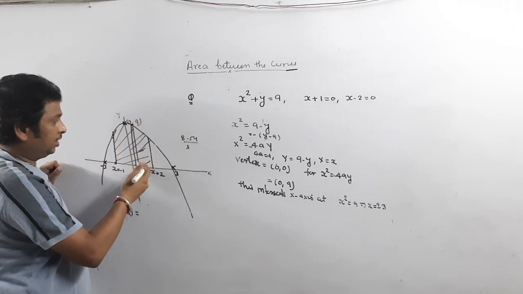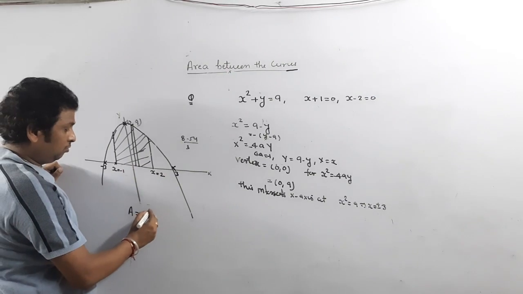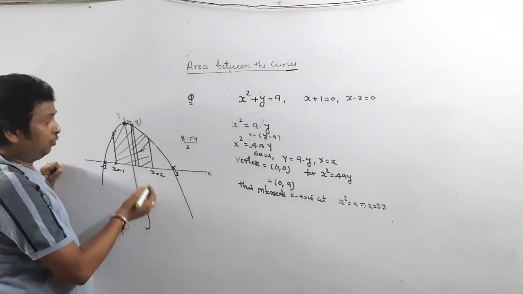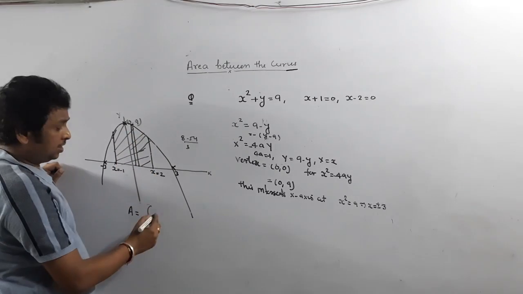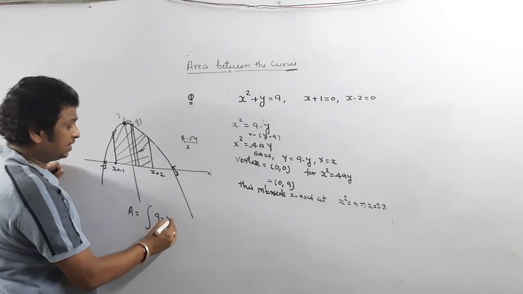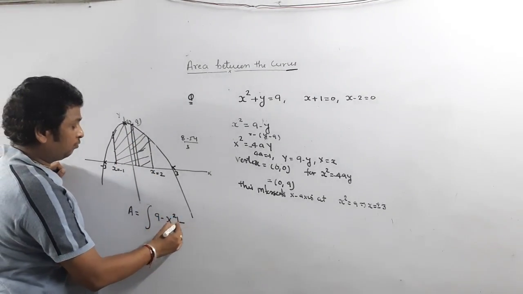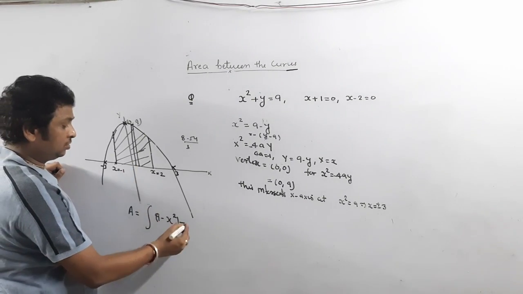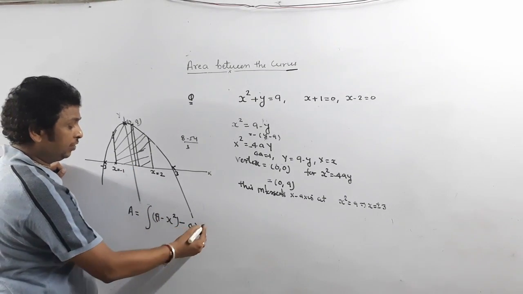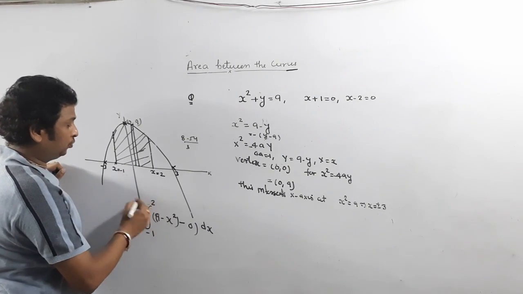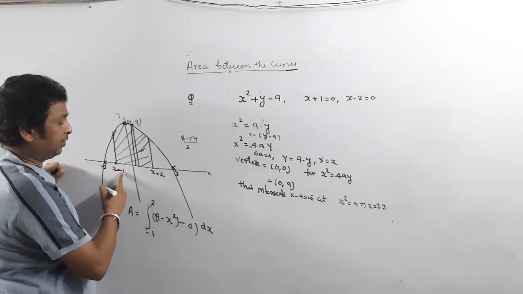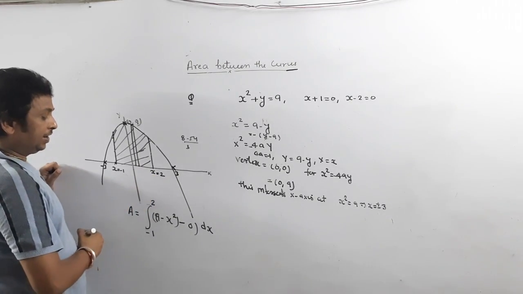Because this is a vertical line, we know the y value at the upper end. What is the y value at the upper end? 9 minus x square. What is the y value at the lower end? 0. Integrate with respect to x with limit from minus 1 to 2, starting point minus 1 and ending point 2.